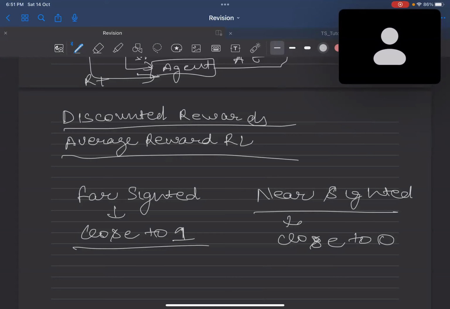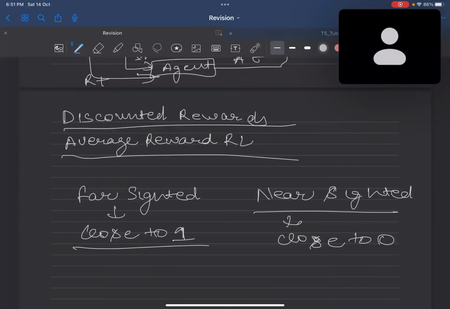I think mathematical proofs are available for average rewards, but practically it is not possible to have average rewards. Yes, you are correct that mathematical proofs are there, and we studied that practically it's difficult.